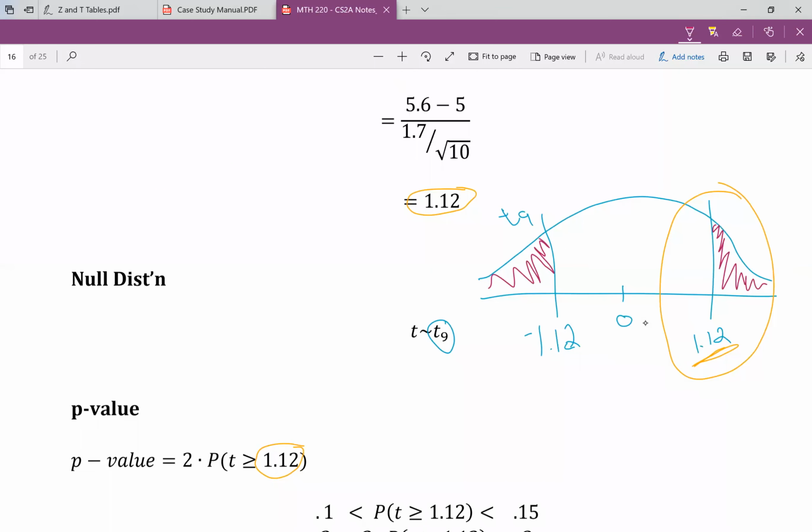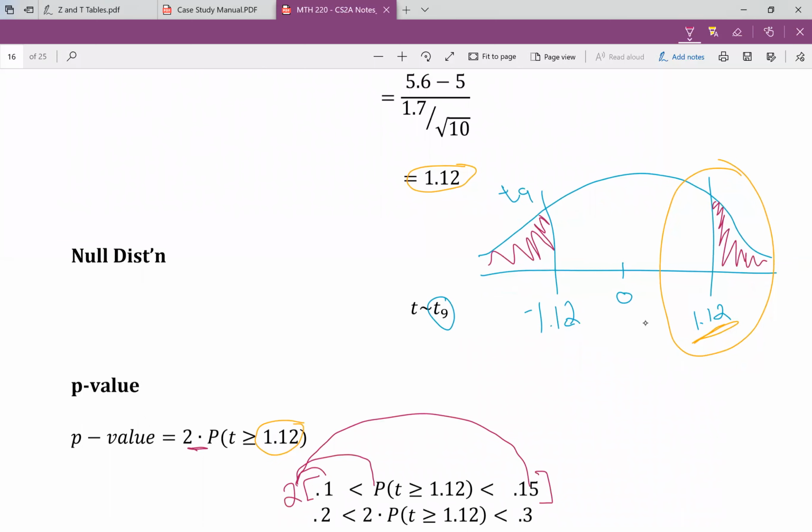All right, but now what do I need to do? I need to double everything in here. So I'm going to double the 0.1 probability. I'm going to double my probability statement, as in I'm going to put 2 times in front of it, like we have over here. And then I'm also going to double that last number at the end. So 0.1 doubled is 0.2.